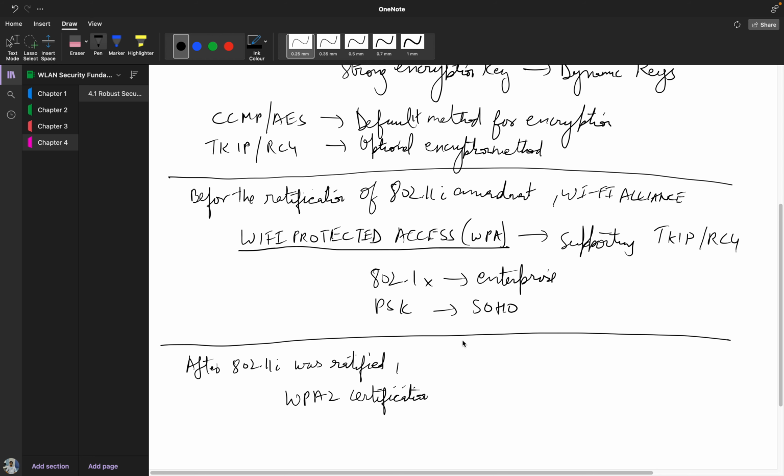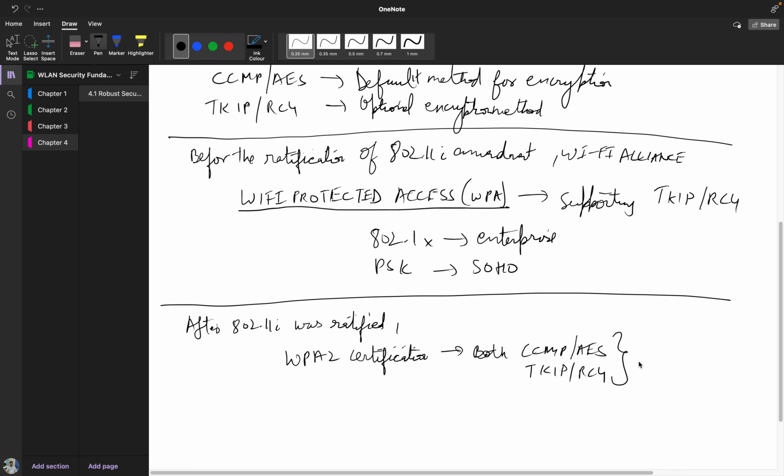It supports both CCMP and TKIP, not just TKIP. This supports both CCMP with AES, and TKIP with RC4. By the way, CCMP is the encryption method and AES is the algorithm; TKIP is the encryption method and RC4 is its algorithm. Anyway, coming back to WPA2, they both support dynamic key generation.